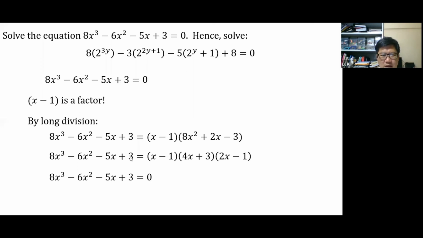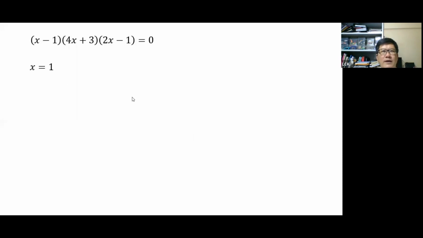I have to solve this, and I have managed to crack it. I have to factorize it, so I write it in its factors. All right, once I've done this, I have the factors, and the solution is x equals 1, x equals minus 3 over 4, and x equals a half.